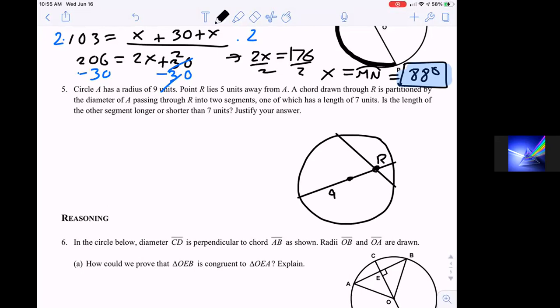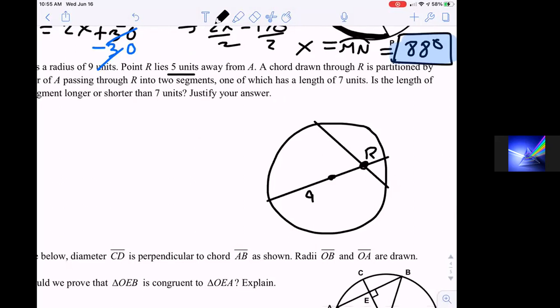And we were told that point R is 5 units away from A. So that's 5, and this has to be 4 because 4 plus 5 has to equal the other radius. We were told that this segment is 7 units. And we want to find out, is this greater or less than 7 units?